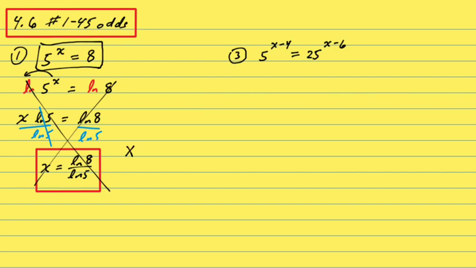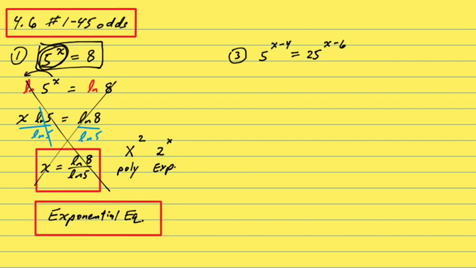Is it a variable to a constant, which would be called a polynomial, or is it a constant to a variable, which is called an exponential? This is a constant to a variable. So this is called an exponential equation. That's all they wanted you to do, was to fill in the type of equation it was.